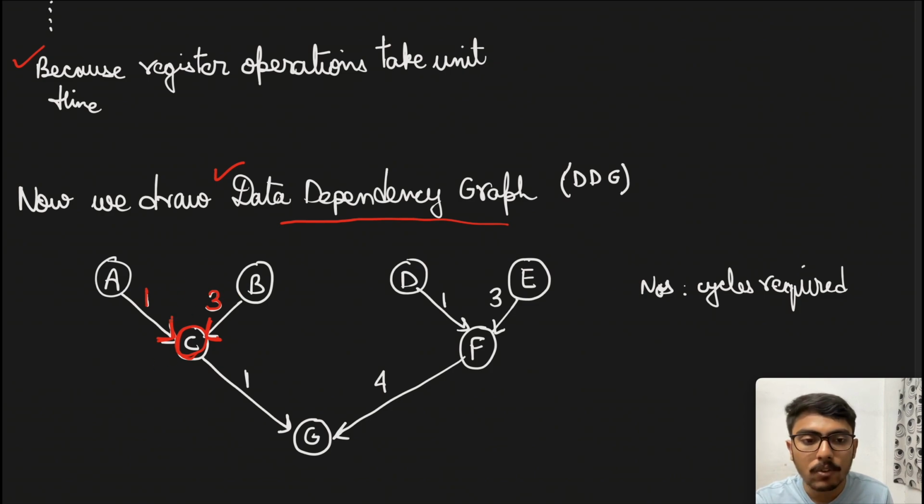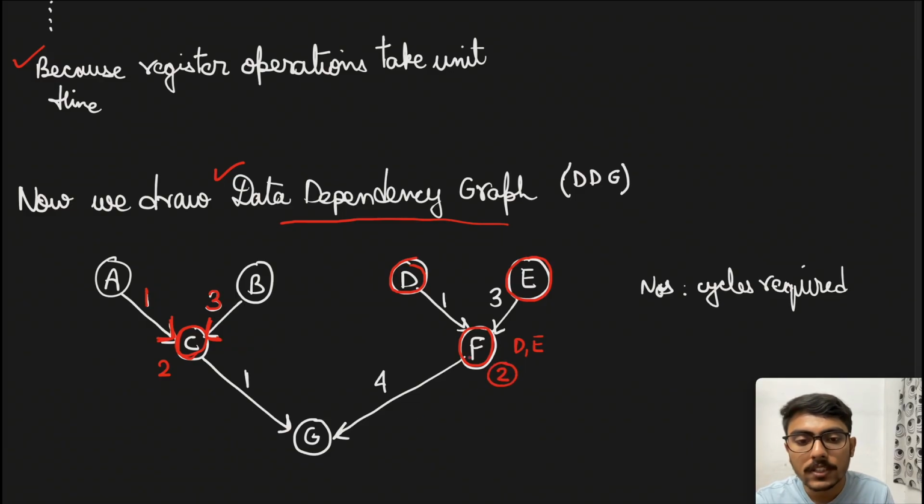Here C has dependency 2 because it depends upon 2 statements. Similarly, if we come to F, we see that D isn't dependent on anyone, neither is E dependent on anyone, right? But F is dependent on both D and E, so its dependency is 2.